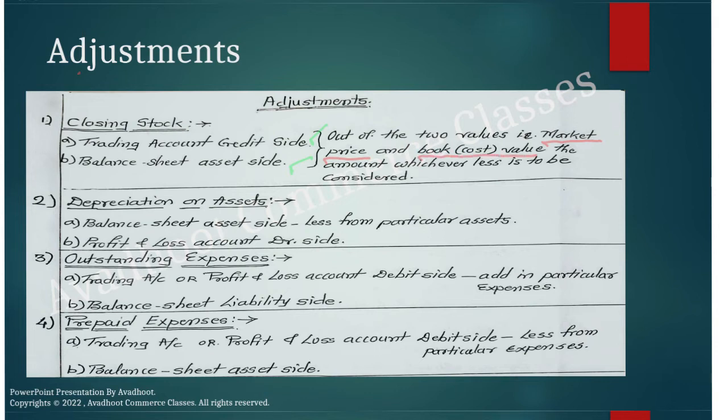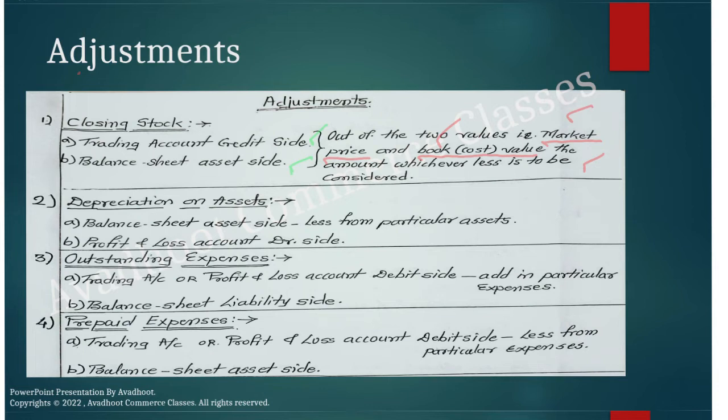The question immediately arises whether we should take the market price or the book value. The answer is very simple. The value whichever is less is to be taken, whether it is market value or book value. The figure which is less is to be taken into account. That is called closing stock.